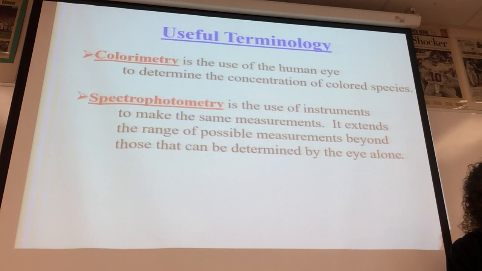Now, typically what you'll be measuring is either the percent transmittance, which we'll get to in a minute, or the absorbance, and then you can relate it to the concentration, and you actually can determine an exact concentration of a solution, and we'll be taking a look at that. Again, initially you're just going to have a pre-lab, and then we're going to go through the acid-base chapter and do some fun labs in there. And then we're going to come back to this concept once you understand spectrophotometry and use the spectrophotometers.